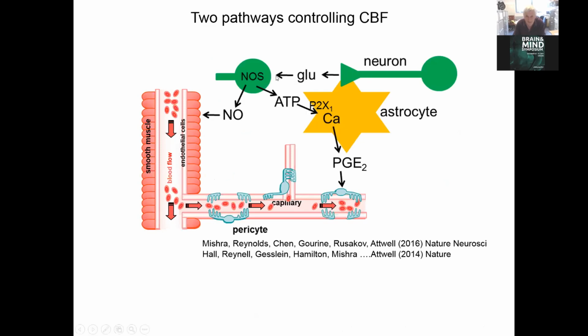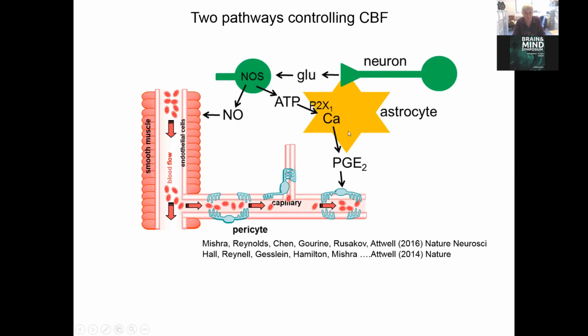Neurons are active, they release glutamate onto other neurons, ATP is released, that makes calcium go up in astrocytes, and prostaglandins are released onto pericytes. However, it turns out there's a totally independent pathway by which neurons release glutamate onto interneurons that activates a calcium influx through NMDA receptors.